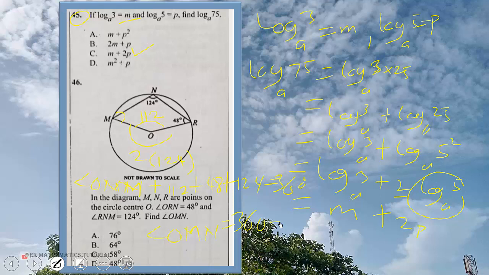The sum of all these is 284, and 360 minus 284 will give us 76 degrees.